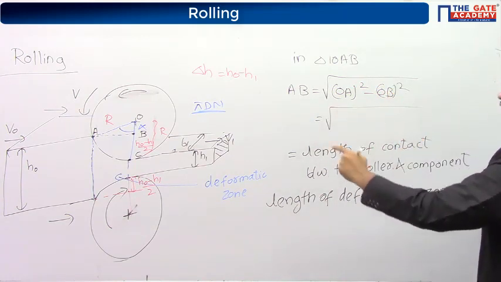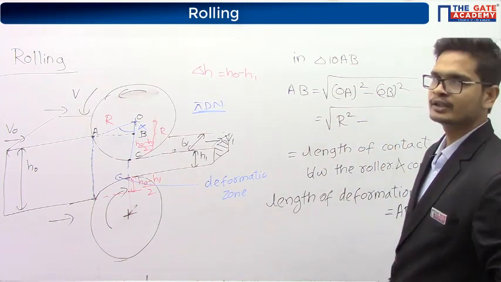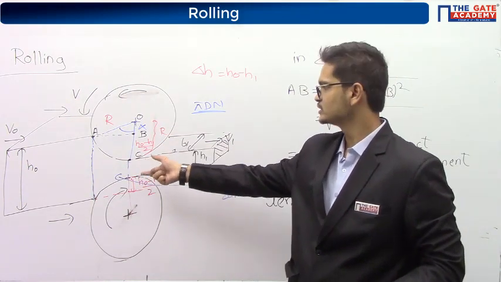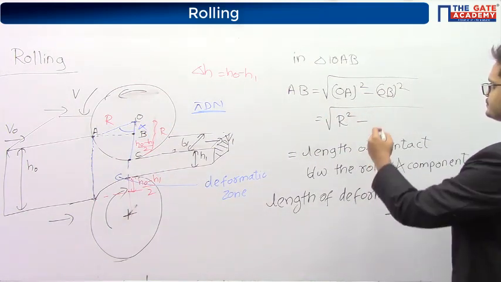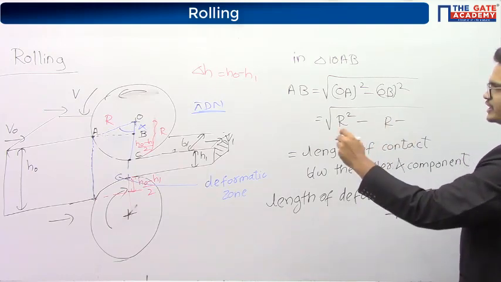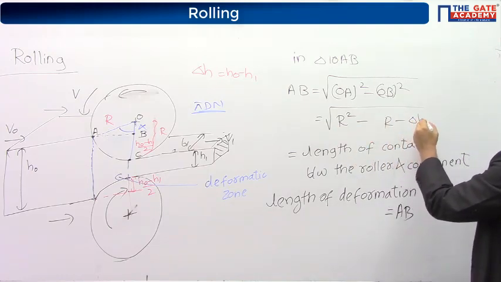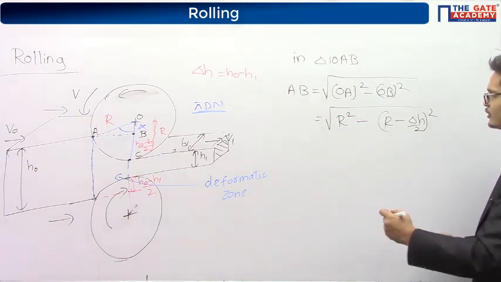OA whole square is nothing but R square. OB is equal to OC minus BC. So OC is R, BC is delta H by 2, whole square. The other way is this.